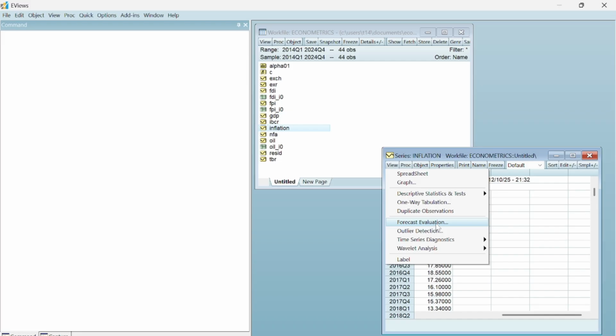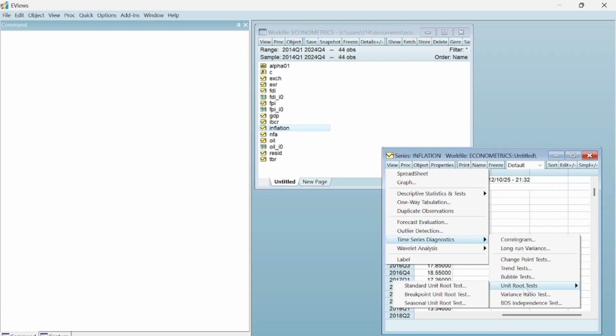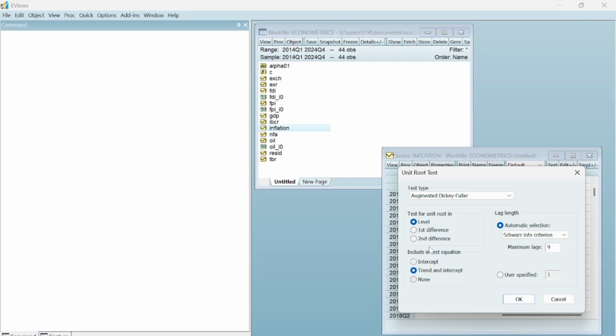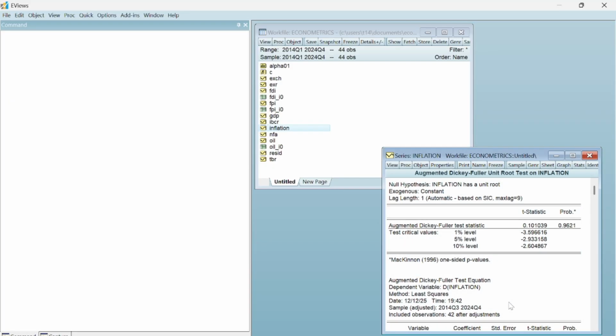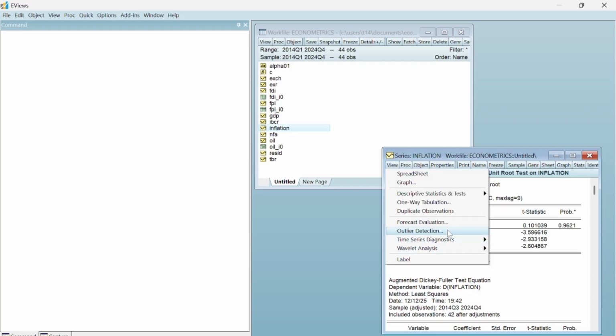But let's see, this data was sourced from a CBN statistical database in case you need the data set. You see, most times it's not significant at level. Inflation has always had that issue. Okay, but it's always significant at first difference. Let's try and see what the issue is, or maybe because the time frame is not so good.